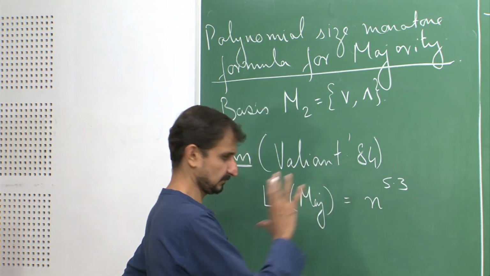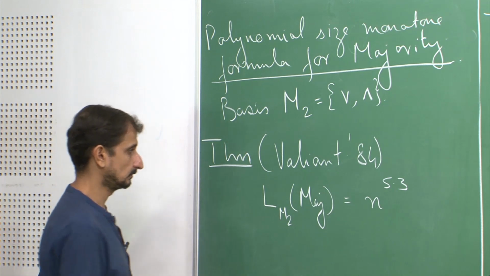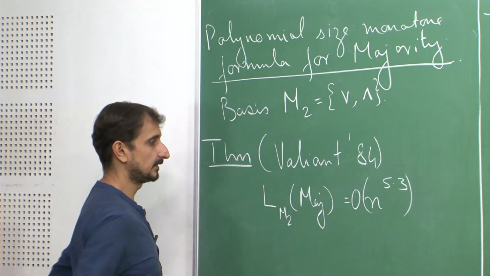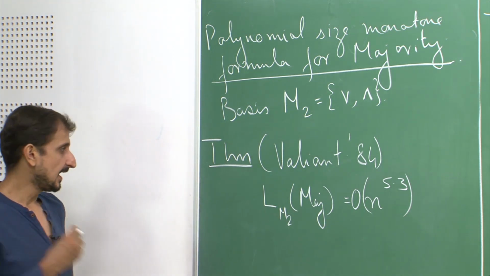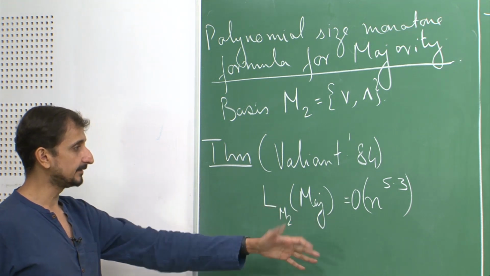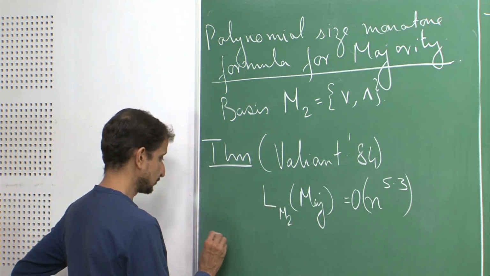I will just write order over here, maybe some constants before it, but it is roughly n to the power 5.3. And this is just the size of the formula, but as I said, we will show a stronger bound.